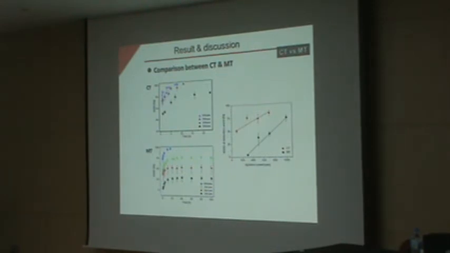We also compared the experiment results in the CT crystallizer to those in the MT crystallizer. It is very interesting to find that in the CT crystallizer, all of the deracemization reached 100% except at 100 rpm. However, in the MT crystallizer, only when the rotation speed is 1000 rpm did we achieve 100% CE.